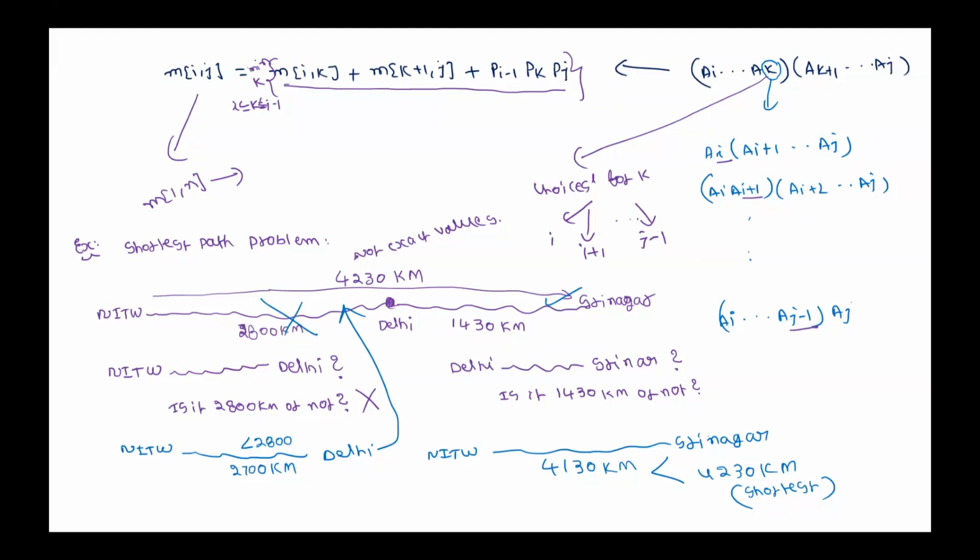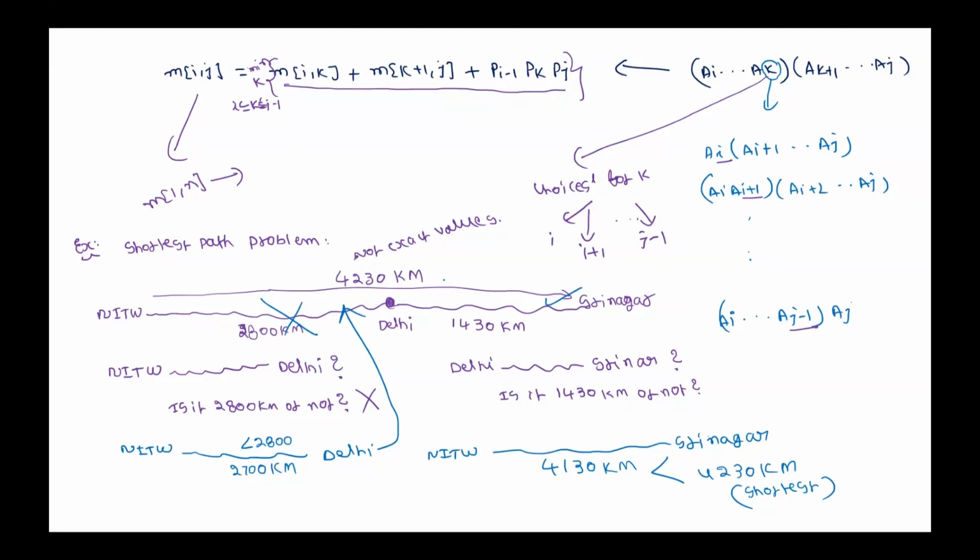Yes, it is correct, sir. If there is a path from Warangal to Delhi whose shortest path is 2700, then of course it is correct. Then what becomes wrong? Our assumption that NITW to Srinagar 4230 is the shortest, that is the optimal solution. It has gone wrong, no? Yes, it is wrong, sir.